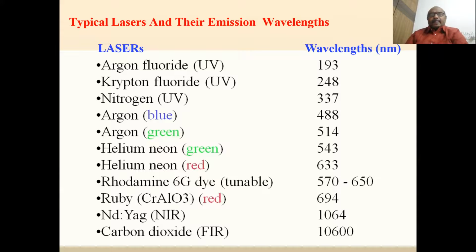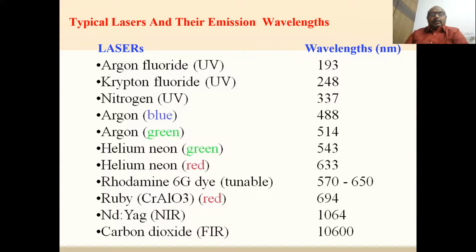Helium neon laser is 543 nanometers, and the helium neon red laser is 6330 angstroms, or 633 nanometers. Rhodamine 6G laser is nearly 570 to 650 nanometers. The ruby laser, red in color, is 694 nanometers.